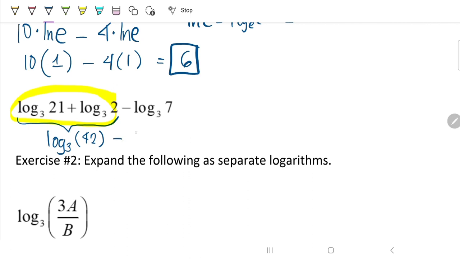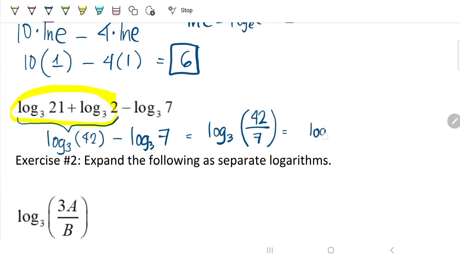Then, don't forget the minus log base 3 of 7. So again, we are dealing here with the same base. Therefore, by the quotient rule this time, we can combine the two logarithms into one. So we have log base 3 of the quotient of 42 divided by 7. So this is log base 3 of 6, since 42 divided by 7 is 6.